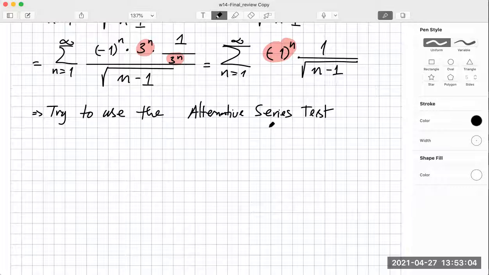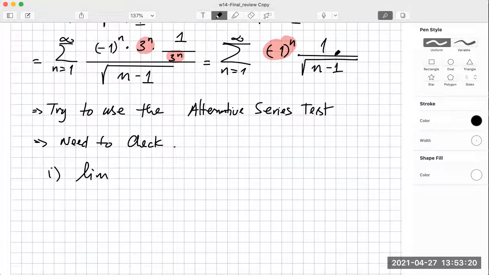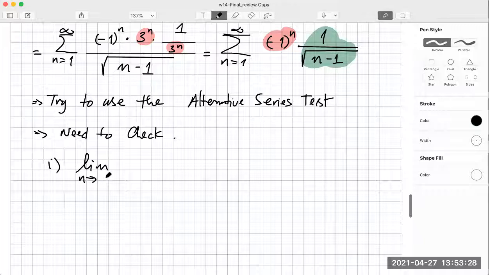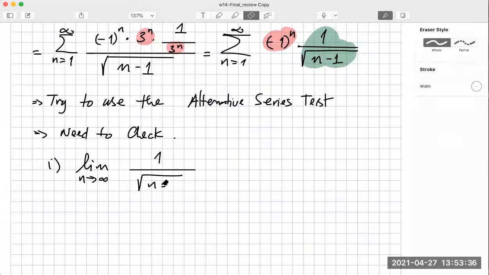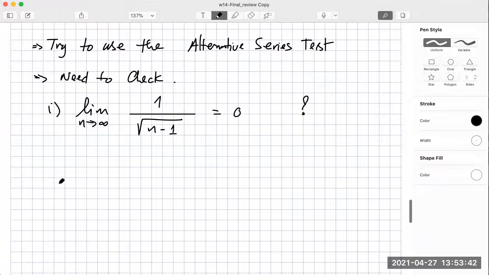It means that we have to check two conditions. First, that the limit of this guy is equal to 0. We need to check these things.